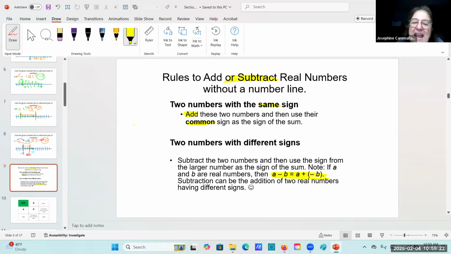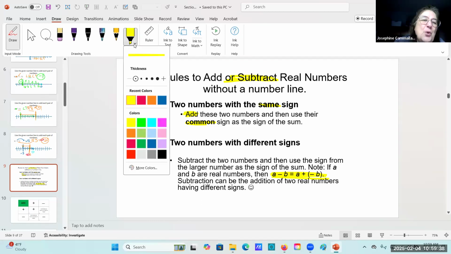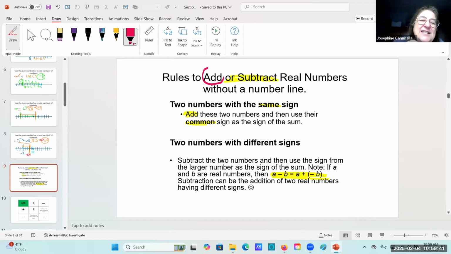It is saying A minus B. But what it really means is A plus a negative B. A is positive. So technically, when we use signs, we're really only looking at add. One rule. But the signs are telling us what to do.